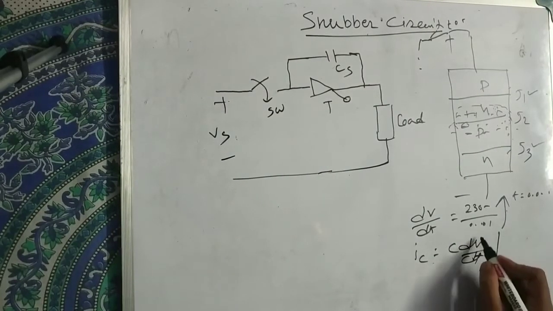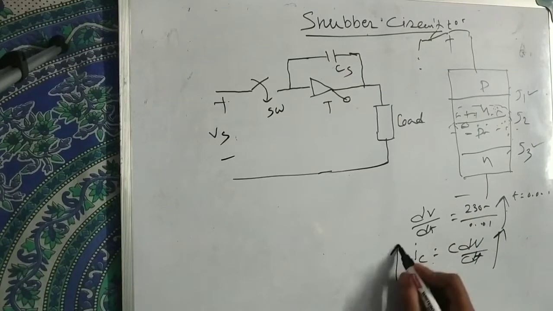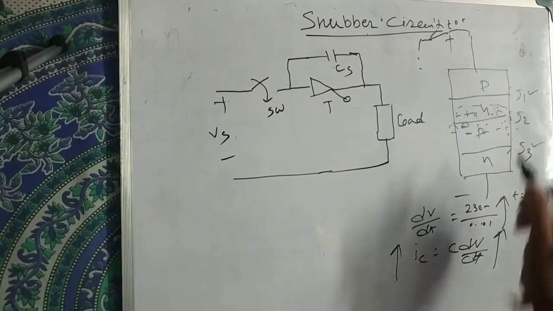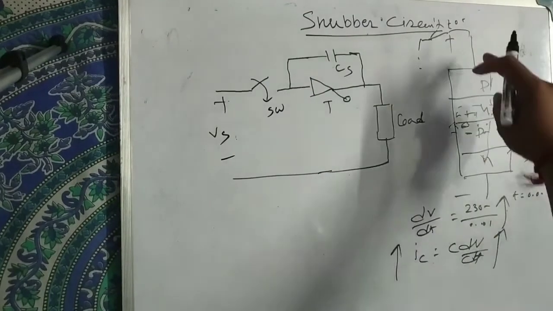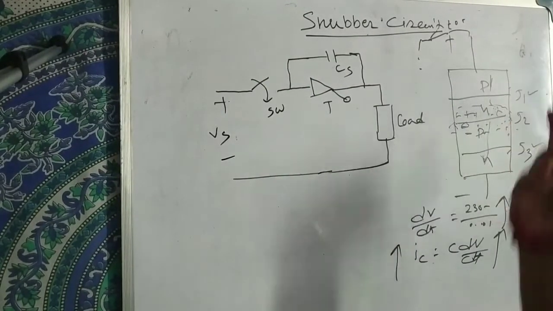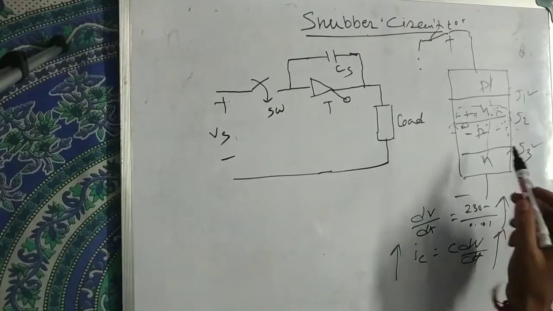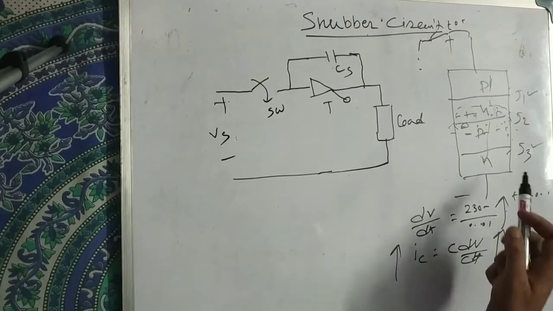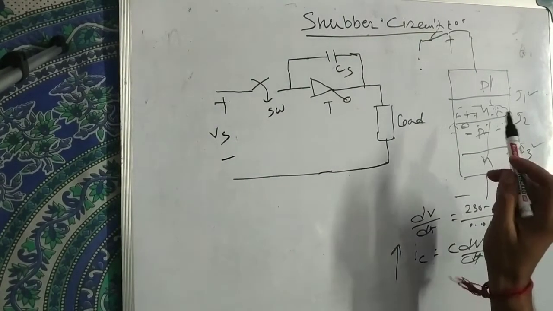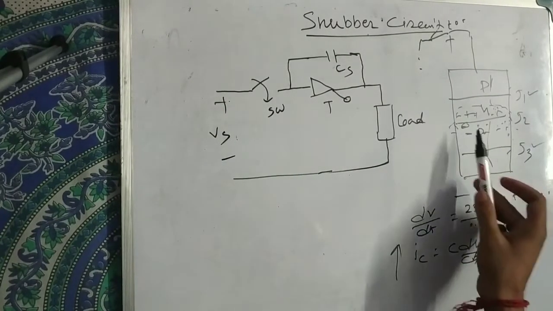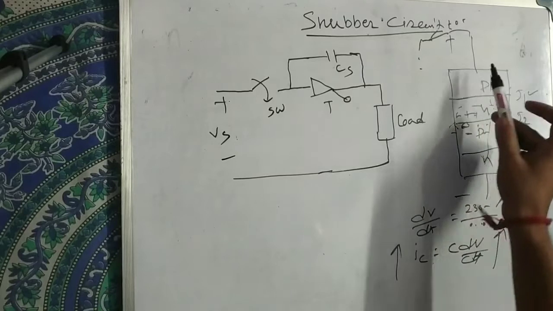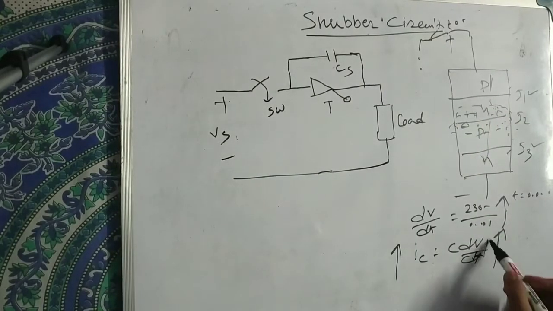If dv/dt is high, then the capacitance current will be high, so current will flow from anode to cathode, and the SCR will automatically turn on. But we don't want to turn on this SCR unless gate current is applied. Here there is no need for gate current; it is automatically turned on because of the high dv/dt.